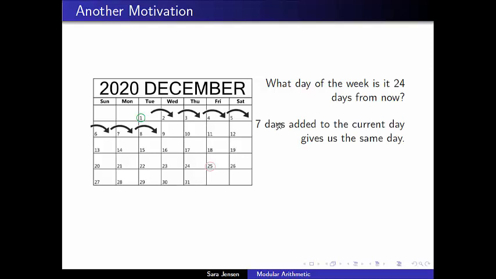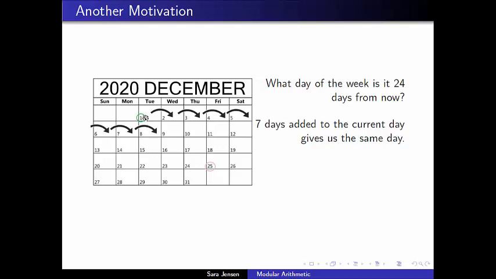In the calendar example, every 7 days we'll have cycled through all of the days of the week and done this figurative circle, and we will be on the same day as the day in which we started.